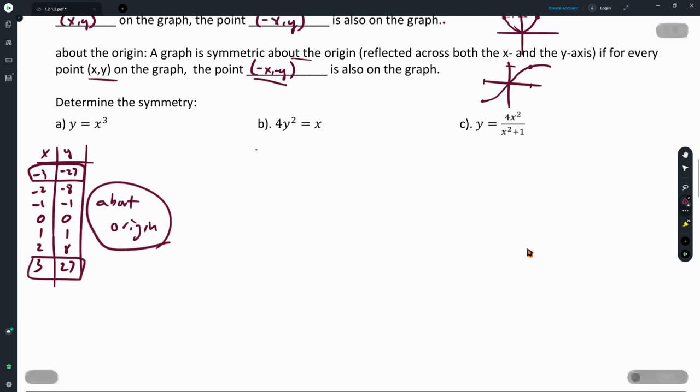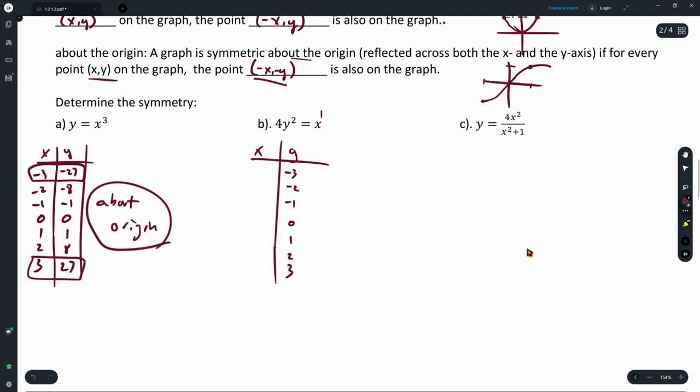Now for this second problem, it's easier if we plug in points for y, because if I put in 1 for x, I have to solve for y. That's really hard. I have to divide both sides by 4 and then square root both sides. It's easier if I put in numbers for y. So I'm going to go -3, -2, -1, 0, 1, 2, 3.